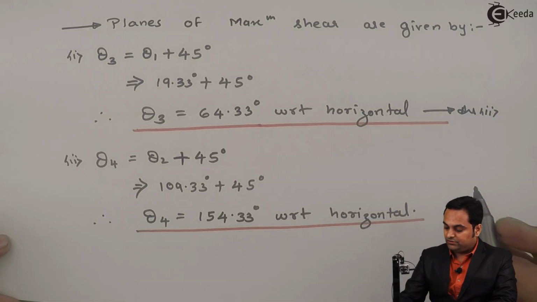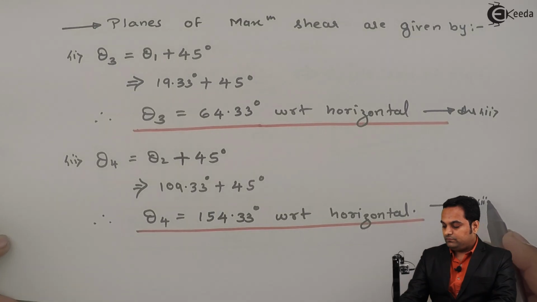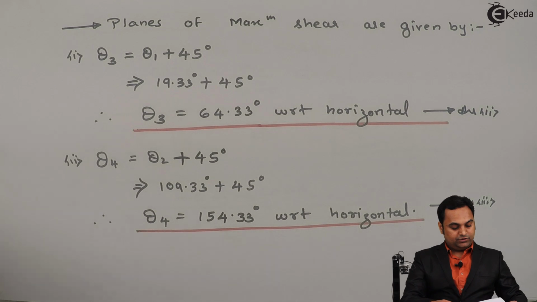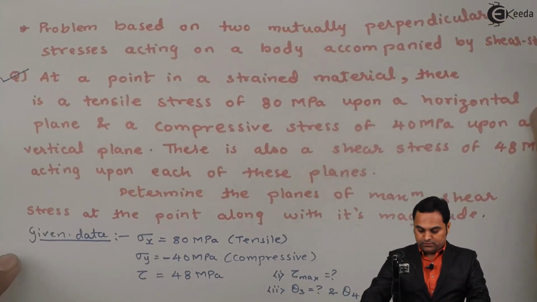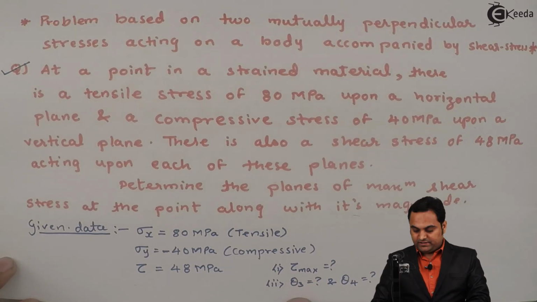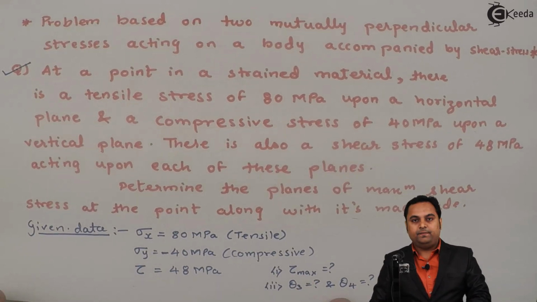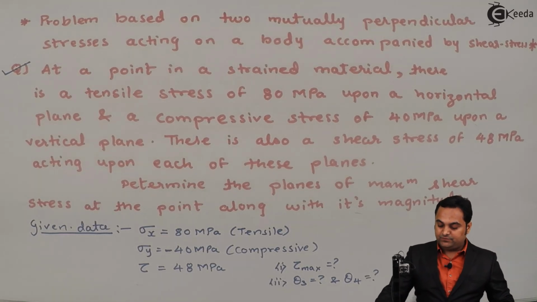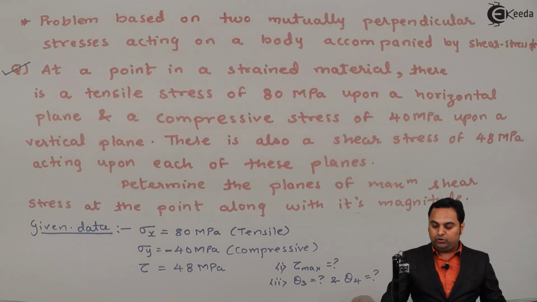So this is the third answer. Now if we look into the problem, the question was to calculate the maximum shear stress and the location of maximum shear stress, that is the location of planes which carry the maximum shear stress. So we have found out all the values.